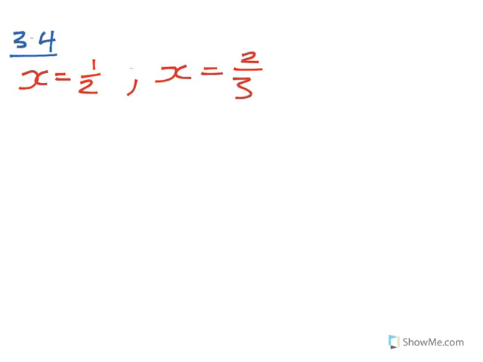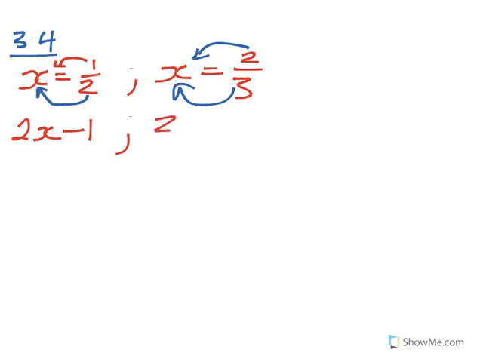Now the common thing you need to do is the 2 will multiply that x, so what you're going to have is 2x. The 1 will jump the equal sign, it is minus 1 as the first one. Even this one again, the 3 will multiply the x, the 2 will jump the sign, it will become 3x minus 2.